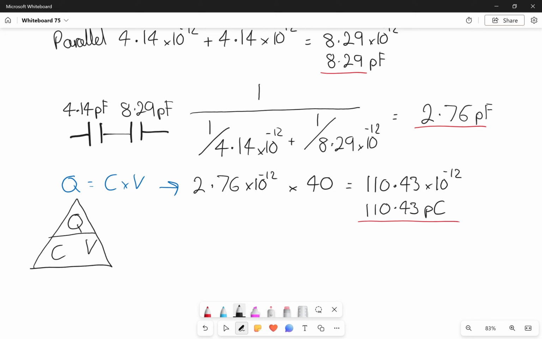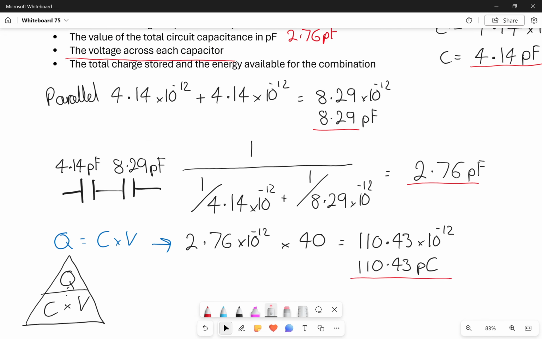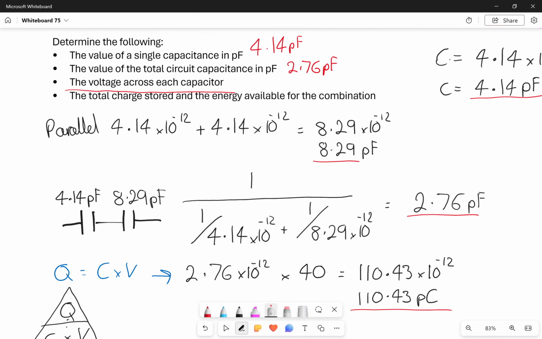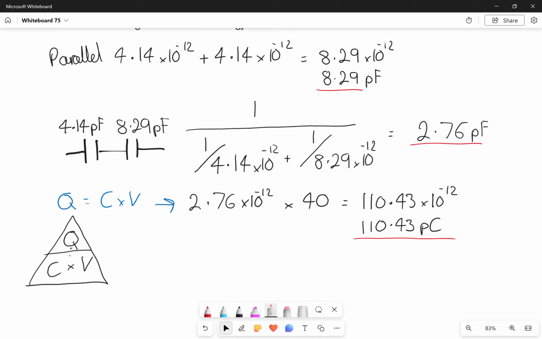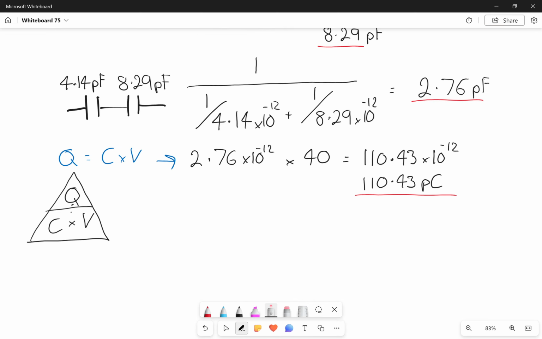By this one, we can effectively cover up what we are trying to calculate, and then it prompts us how to transpose the formula. Now we're wanting to calculate voltage, so the voltage across each capacitor. So we'll start off with capacitor number 1. Capacitor number 1 is this value there, 4.14 picofarads.